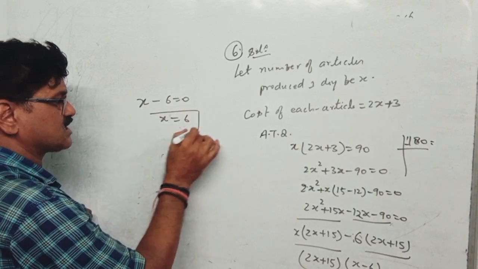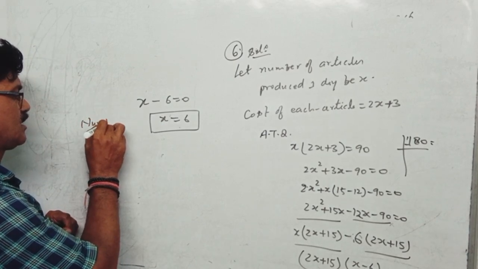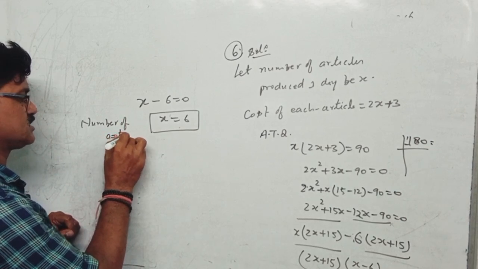Means the number of articles is how many? 6. This is the number of articles.